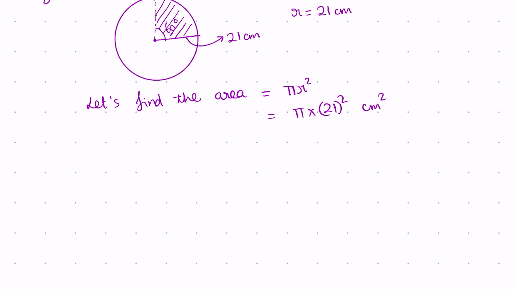Let's understand this first. So if this angle subtends 60 degrees, and the full angle, if you remember, is 360 degrees, right? So 60 degrees is just 1/6 of 360 degrees. That means this area would also be 1/6 of the whole circle area, right?